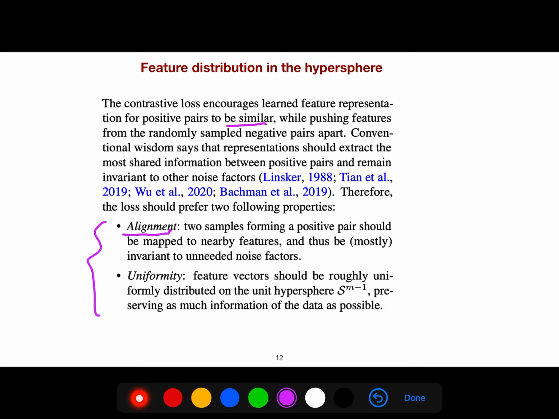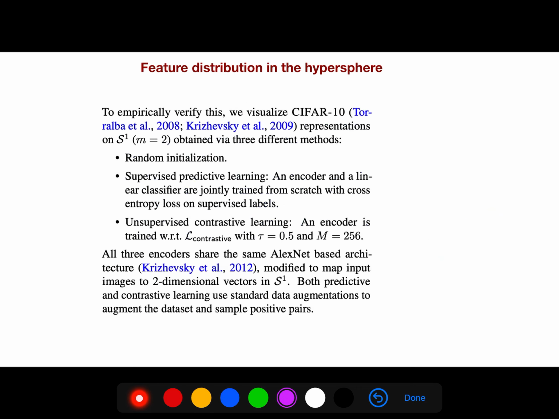When we say alignment, it means that we have two samples forming a positive pair, and they should be mapped to nearby features and thus be mostly invariant to unneeded noise factors. The other evaluation measure is uniformity: feature vectors should be roughly uniformly distributed on the hypersphere, preserving as much information of the data as possible.